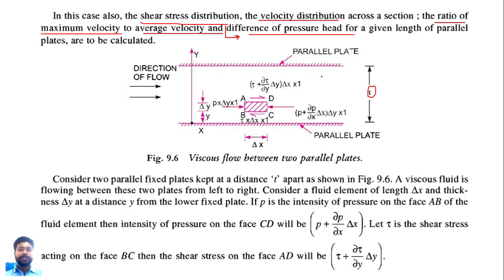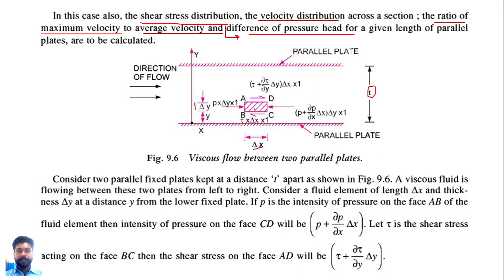So here we are assuming two parallel plates at a distance of t, and the viscous fluid flowing between these two parallel plates from the left to the right side. Let us again consider a small fluid element over here, that is ABCD, which has a length of delta x and a thickness of delta y, and this element is at a distance of y from the below fixed plate.